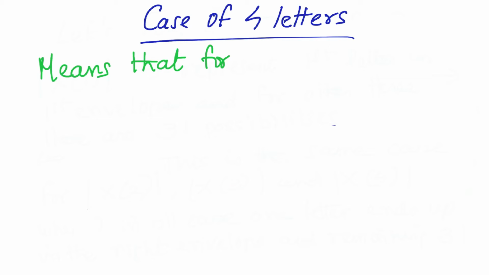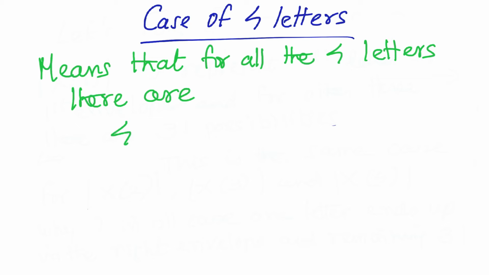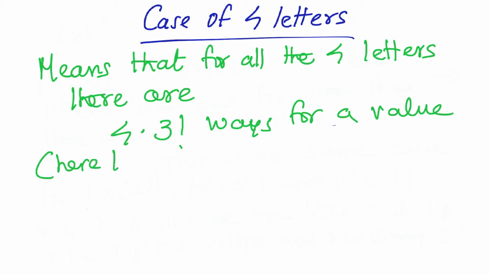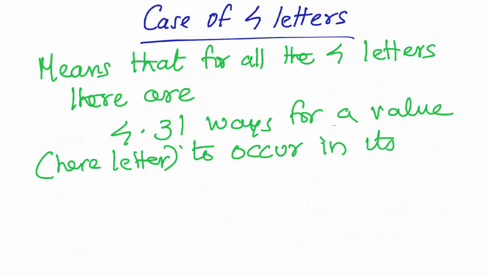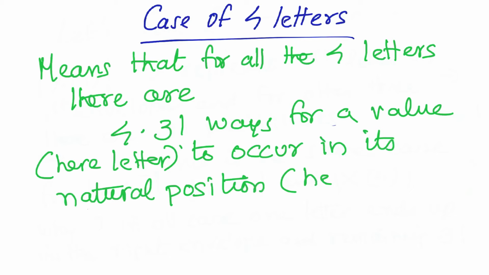What does that mean? It means that for all the 4 letters, there are 4 times 3 factorial ways for a particular value, in this case a letter, to occur in its natural position, which basically means its intended position, or in this particular example, the envelope in which it should be.